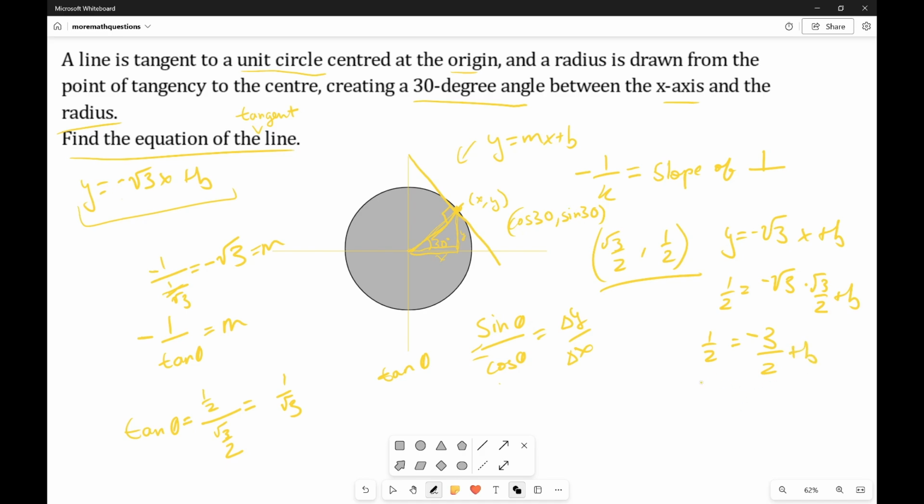When you add 3 over 2 on both sides, you get 2. So our final answer will be y is equal to, can't forget the negative root 3x plus 2. There you go.